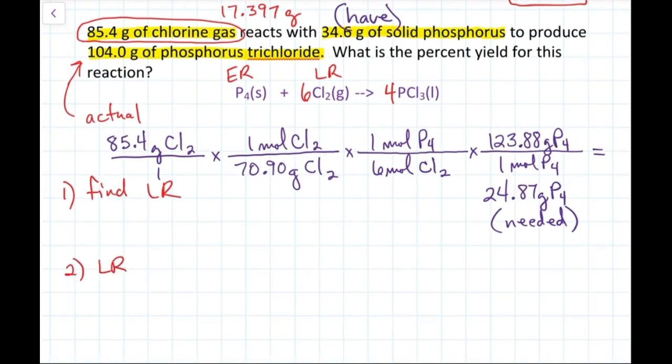We're going to go from limiting reactant, in this case the 85.4 grams of chlorine gas, to theoretical yield, which, if we look at our actual yield, that's given to us as 104 grams of phosphorus trichloride. So we're going to find our theoretical yield, in this case, in grams of phosphorus trichloride. So see if you can go from your limiting reactant to grams of phosphorus trichloride right now.